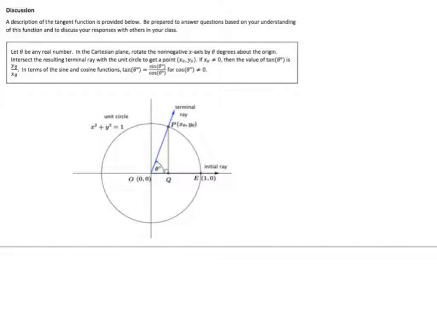In terms of sine and cosine, tangent theta is sine theta over cosine theta. Cosine theta cannot be 0 because it's in the denominator. Okay, there's our definition. We just said it again. Said it last slide. It's okay though.